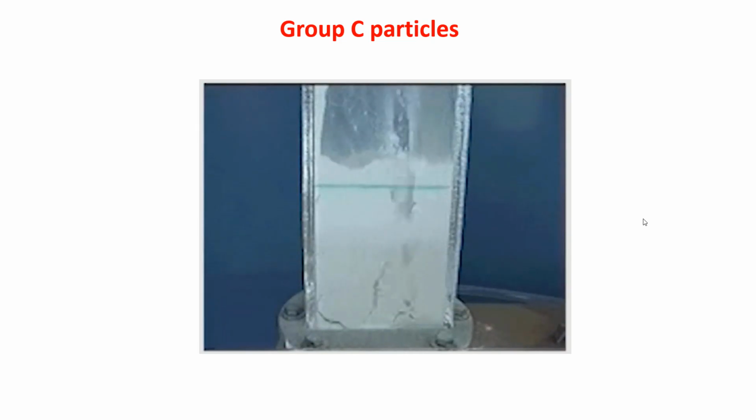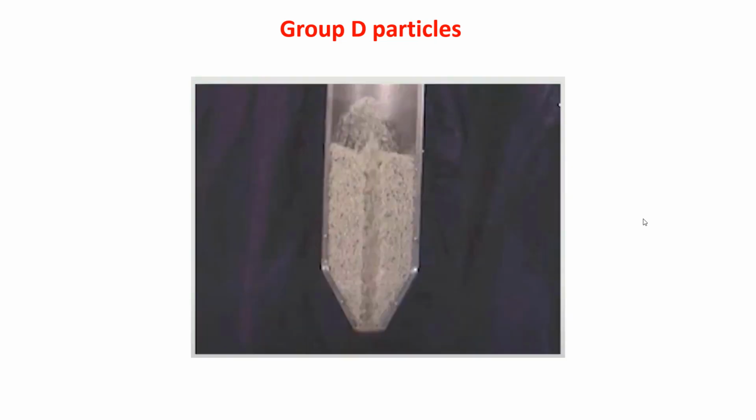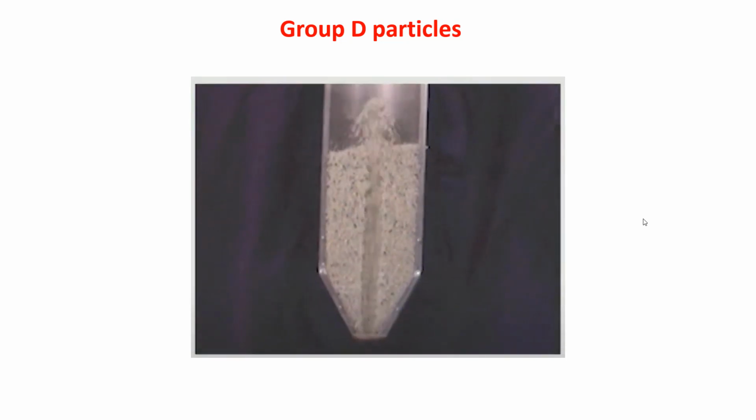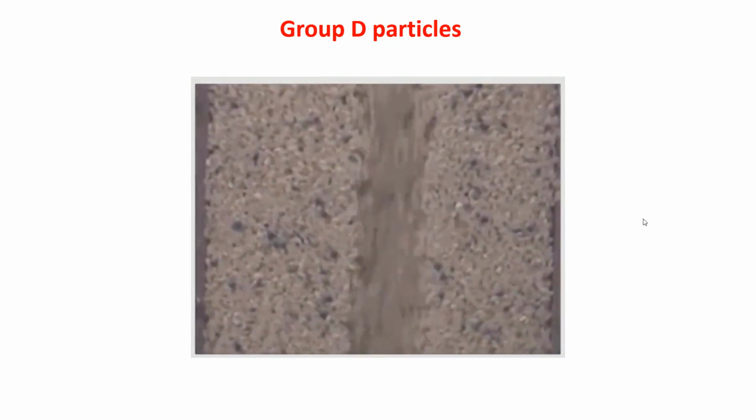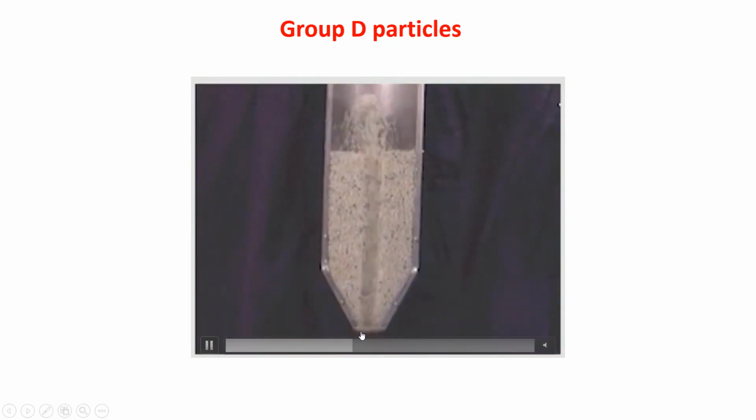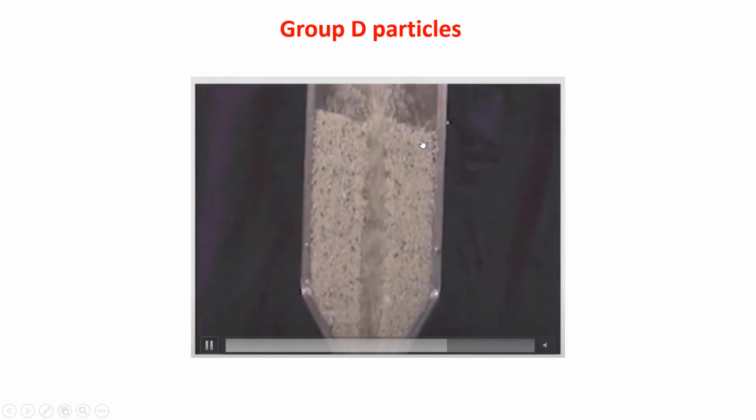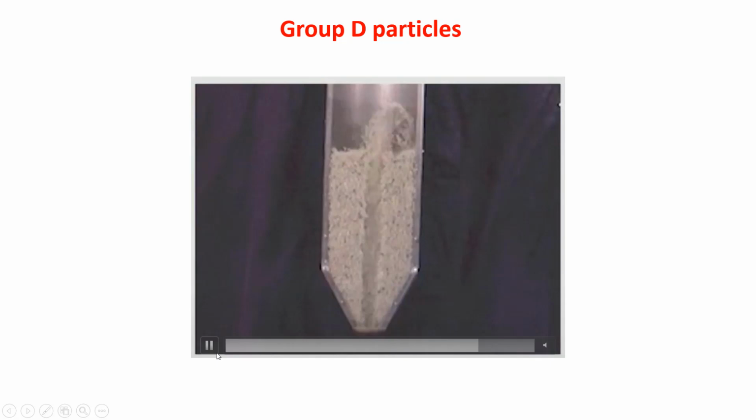The fine particles are called the group C particles. Okay, so next is the group D particles. It has the larger particles, and you can see that from one side only the air can pass through the bed, and it is creating some kind of spouting at the top.